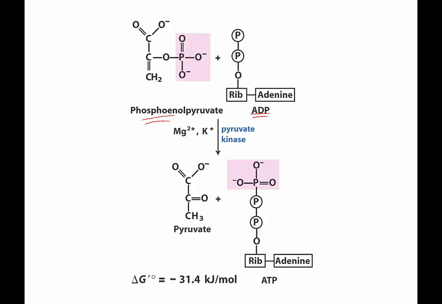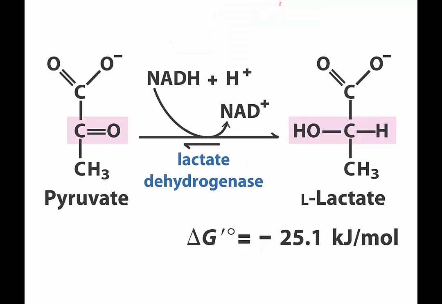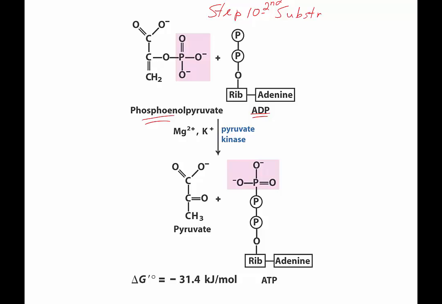And again, this is another substrate level phosphorylation, so we have step 10, our second substrate level phosphorylation. And so here we're going to take the energy of breaking this bond and store it in our ATP.